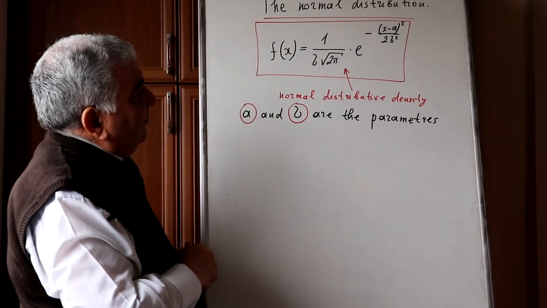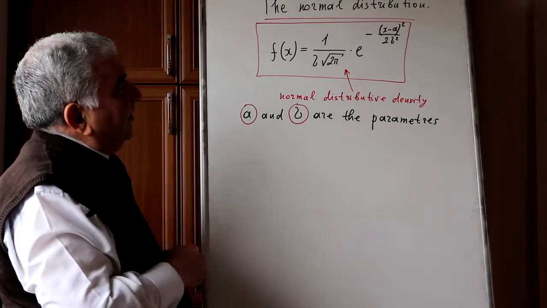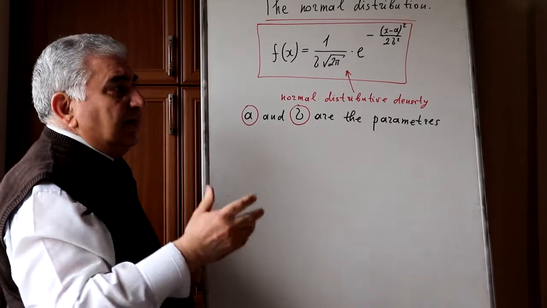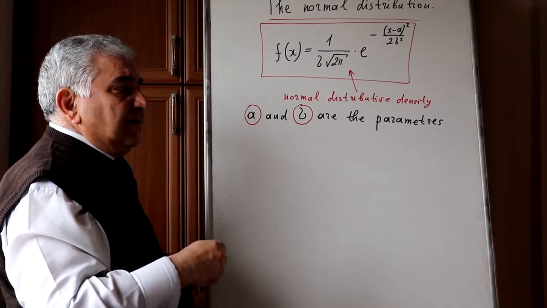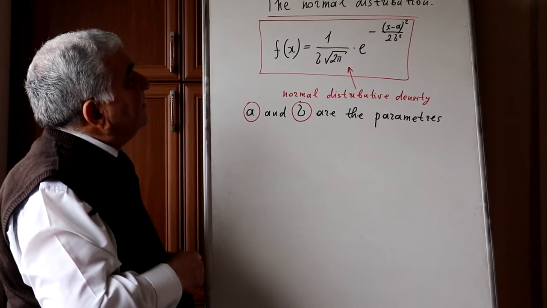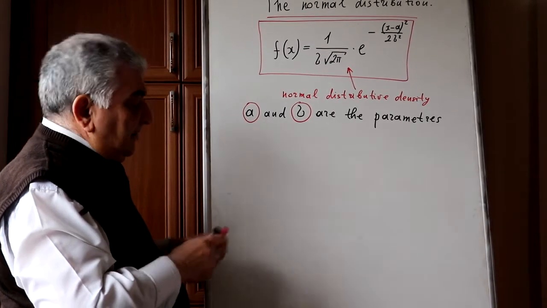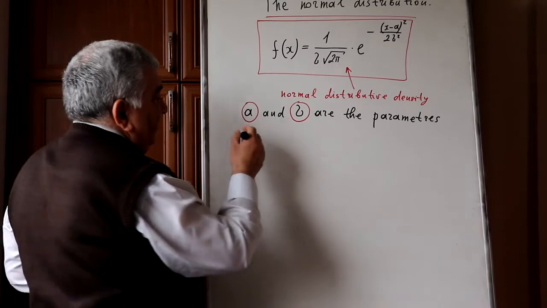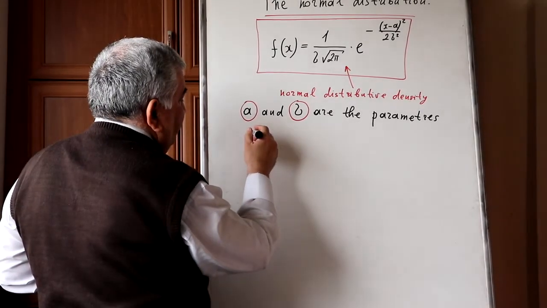First, consider the properties and the graph of the normal distributive density. Write properties.